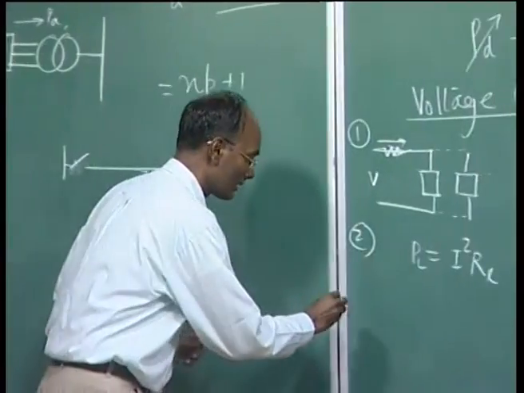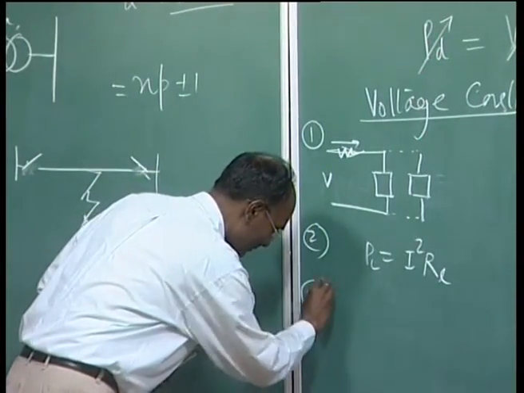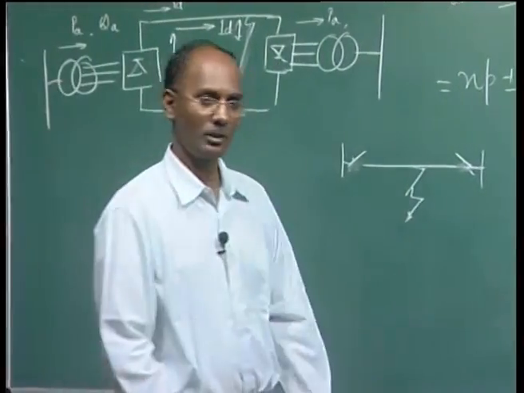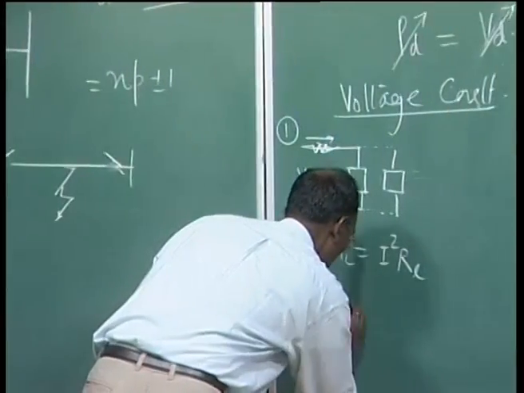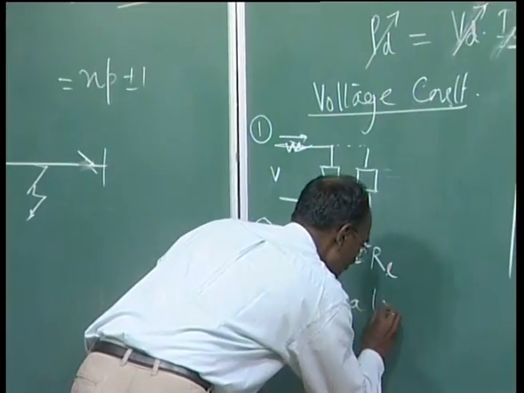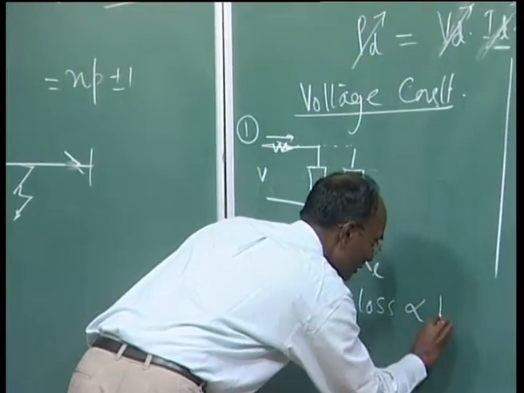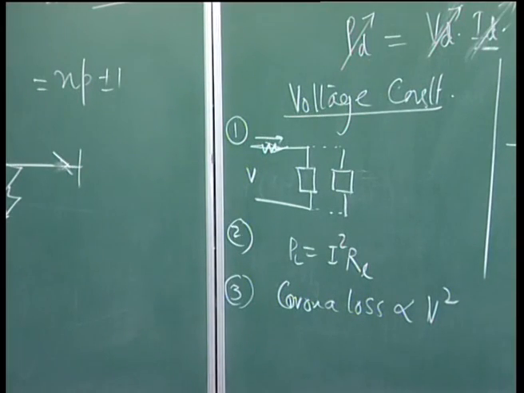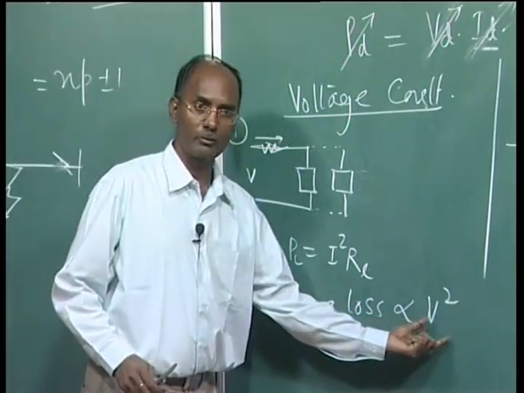Now the third option we will see, there is another loss that is called corona loss. This loss is proportional to V square.